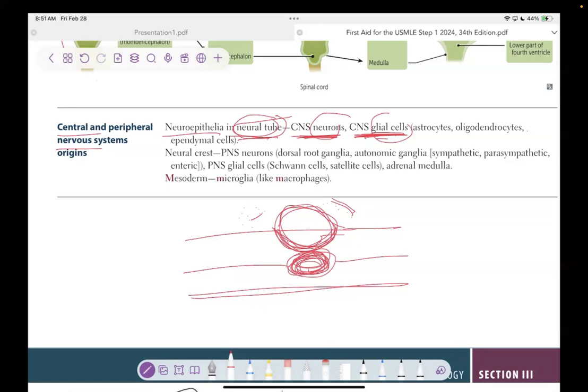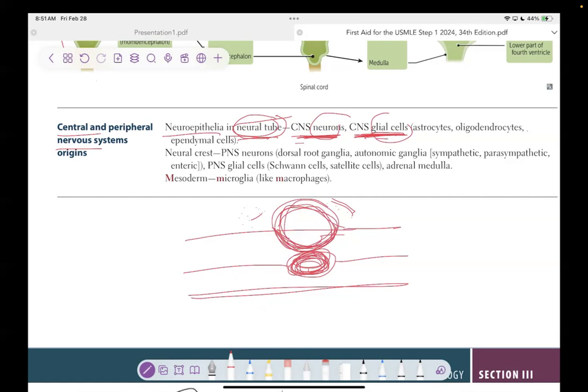So overall, we say that the neural tube makes all of the CNS: the neurons of the CNS, and the cells that are not neurons but are in the CNS. Everything belonging to the CNS is made of this neural tube that we already studied.